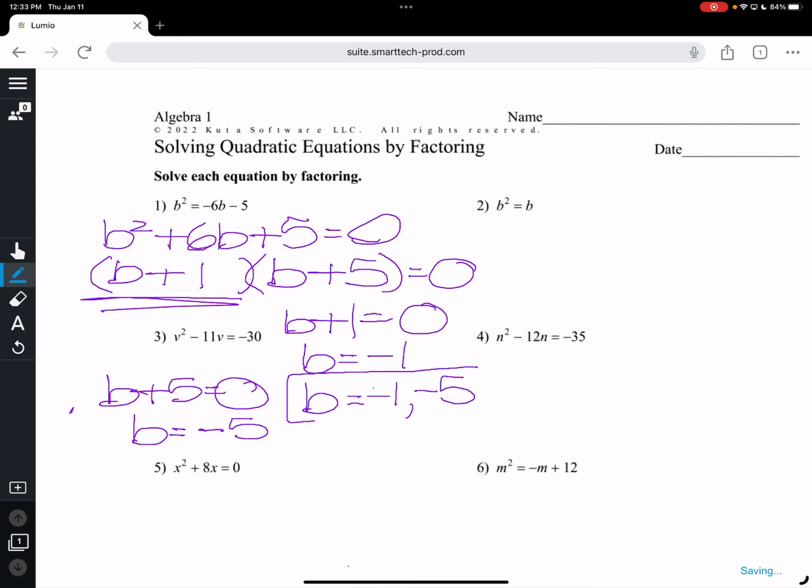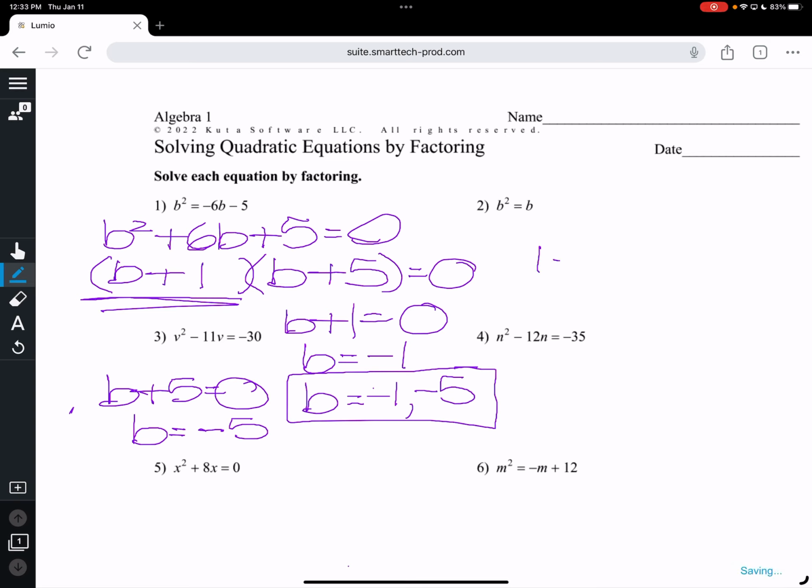Please don't talk for a second. So what that means, you can take each one of these separately, plug it back in to your b squared equation, and you'll get 0 equals 0. So -1 squared is +1. And then -1 times +6 is -6.